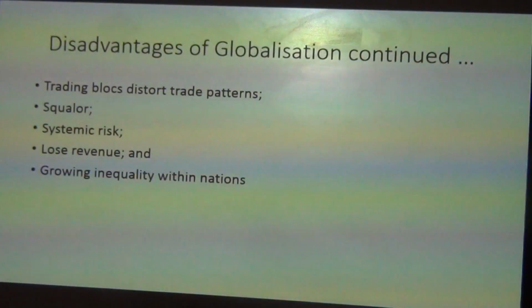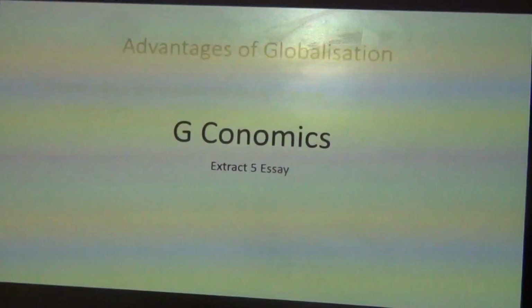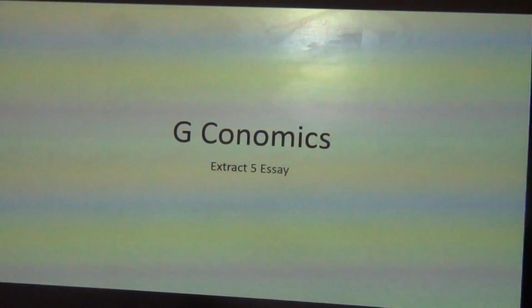If you've read over the extract 5 material, you will know that the essay question is more than likely going to be on globalization, considering some aspects of the advantages of globalization and the disadvantages.